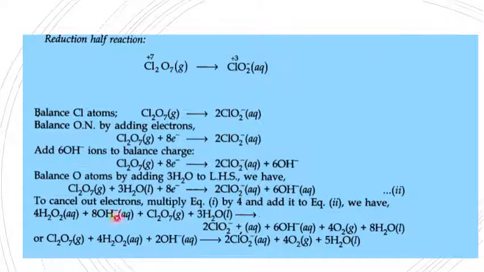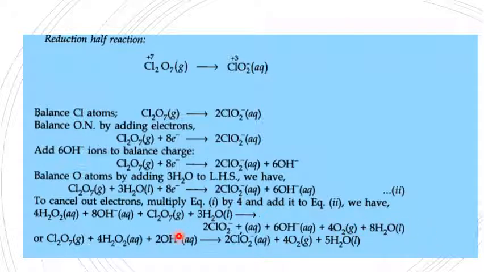When you have multiplied it with 4: 4H2O2 plus 8OH minus plus Cl2O7 gives you 3H2O, and the complete reduction equation gives 2ClO2 minus aqueous plus 6OH minus, plus 4O2 plus 8H2O.